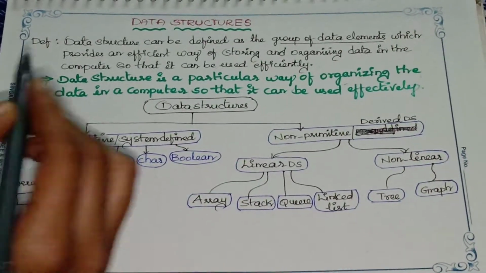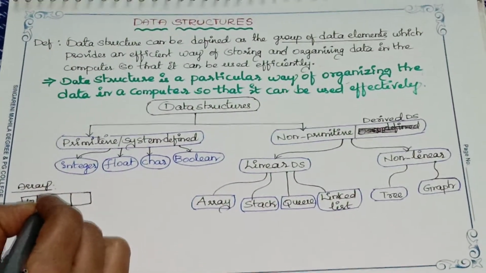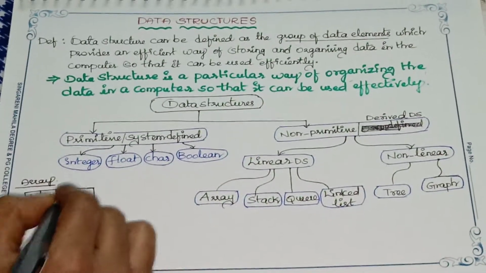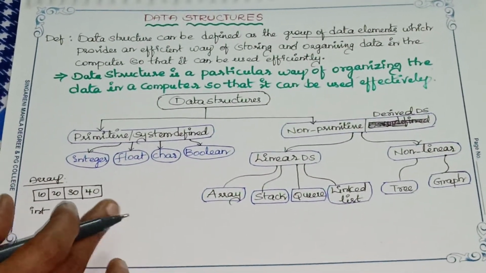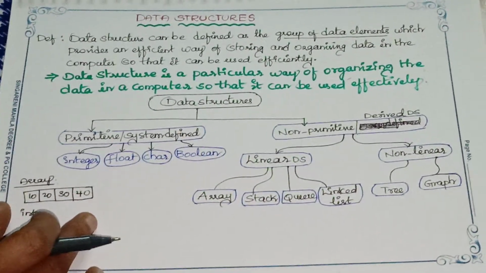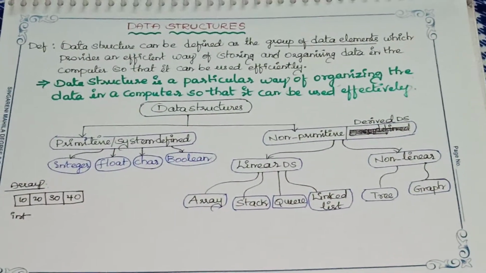It is one of the mechanisms of storing the data. We store similar type of data elements like integers. So this is one way of storing and organizing the data, so that it is called a data structure. In the same way, we can organize the data in different ways.